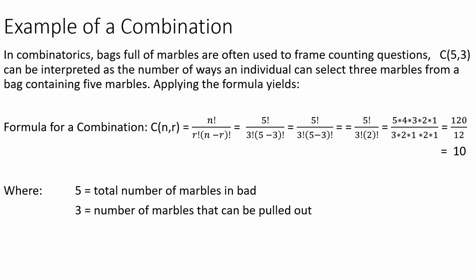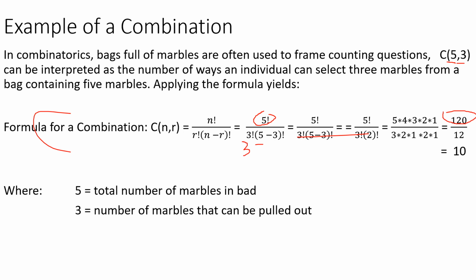Let's see, we have a bag of marbles, and it's a combination with 5 total, and we pick 3. How many different ways can we get marbles out of the bag? And they could be all different colors. So I'm looking at this. My n is 5. 5 factorial is 120. We've done that before. And then we want 3 possible combinations.